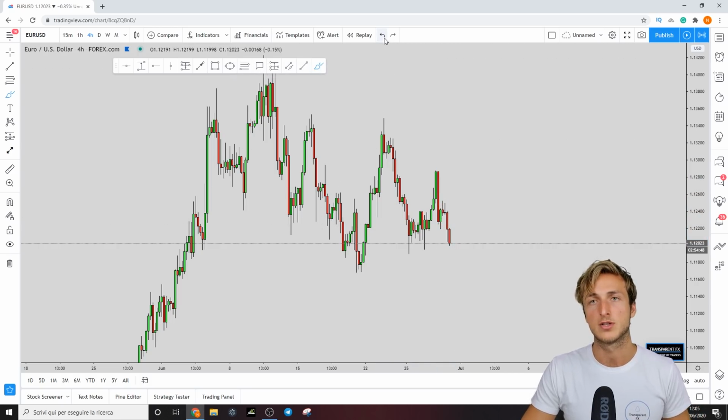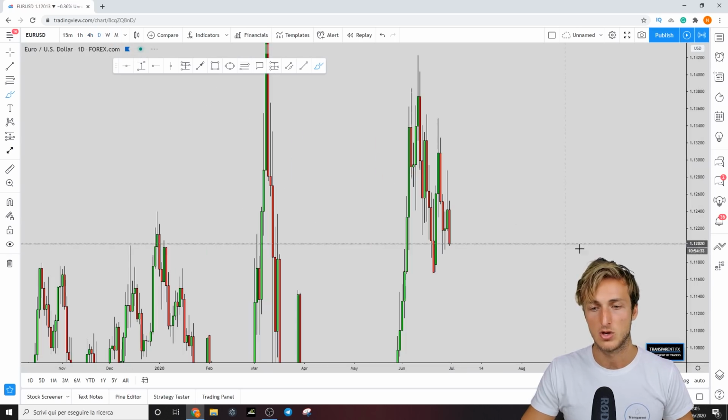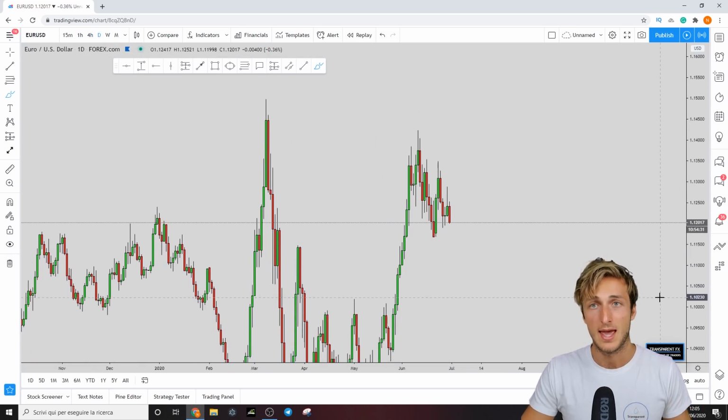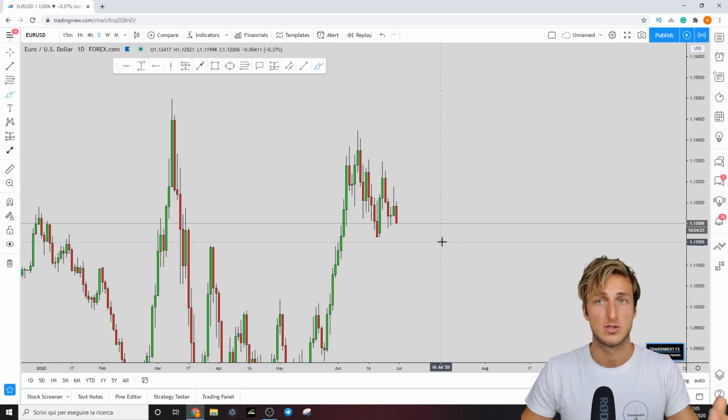So all the structure of the market at the moment is to the downside, and we can't be looking for any longing opportunity as long as the market remains like this. So at the moment we can't be looking for any longs on EURUSD, and we haven't taken any long on EURUSD with students because obviously structure at the moment is too bearish to even be considering a longing opportunity on it.